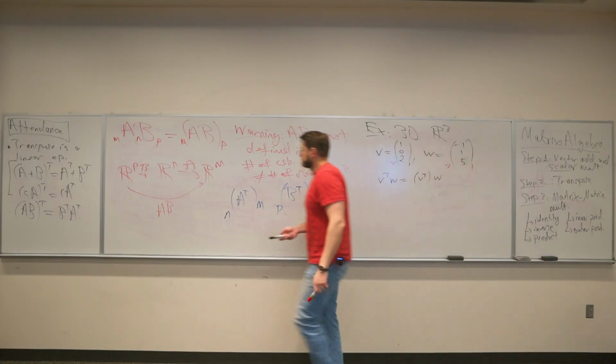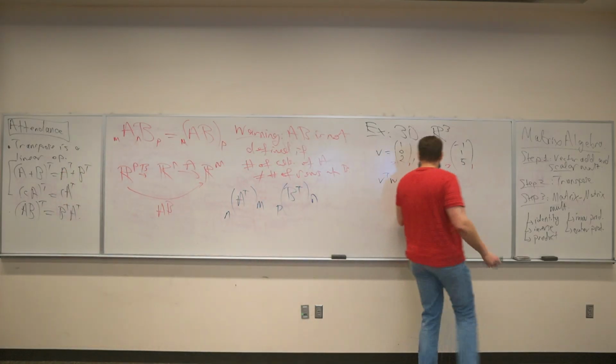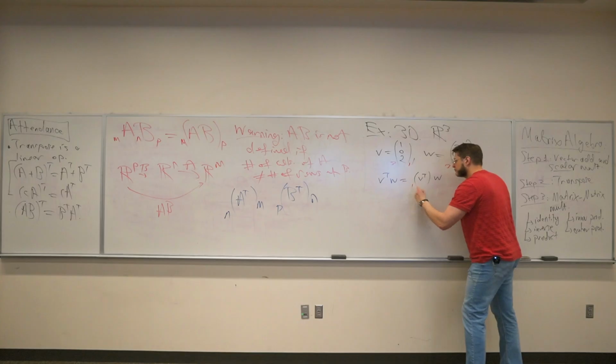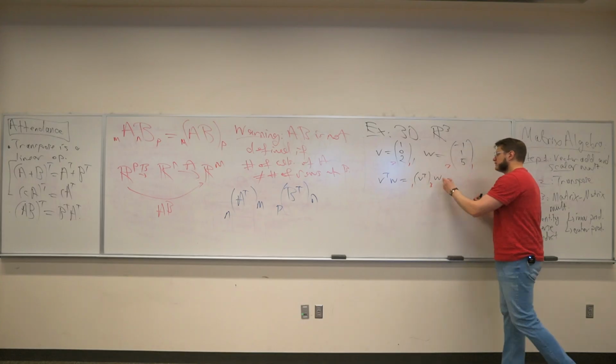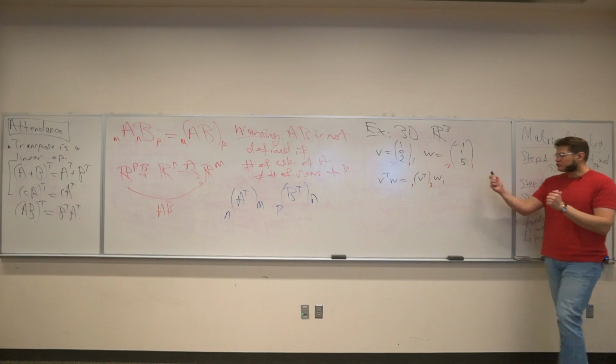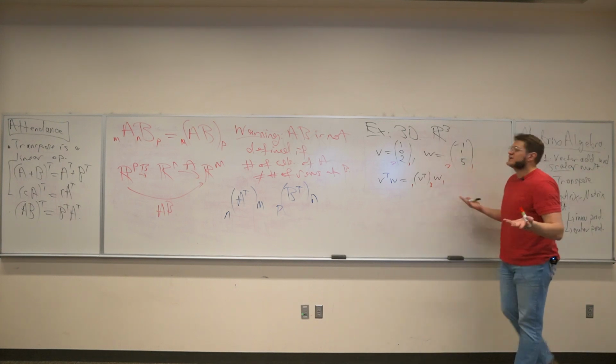The same matching business has to hold. So now, because V is 3 by 1, V transpose is 1 by 3, and W is 3 by 1, this is now well defined. And when I do this multiplication, it's going to give me a 1 by 1. In other words, it's going to give me a number.